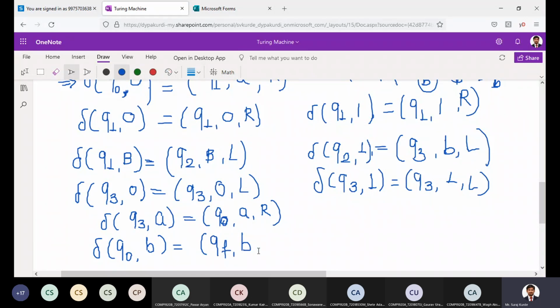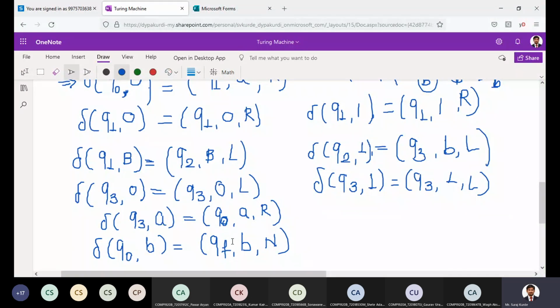Keep this b as it is and the move will be neutral. N is do not move. If it reads 0, replace with A. If it reads B on the right side, then replace with B and keep it in neutral. Go to the final state.